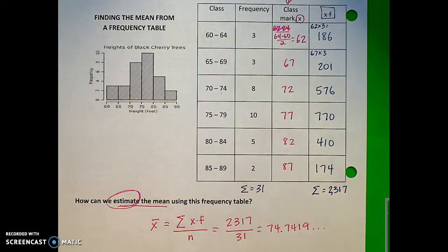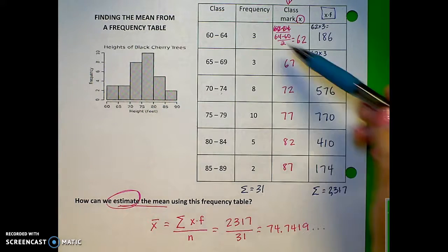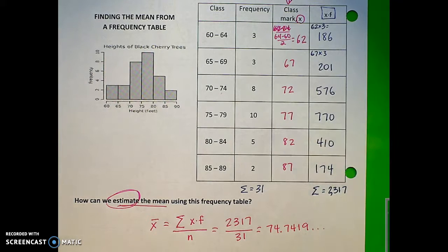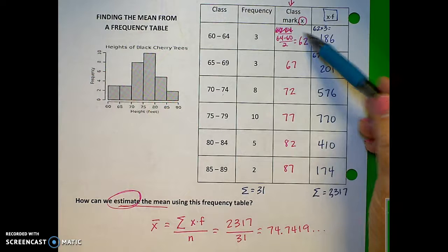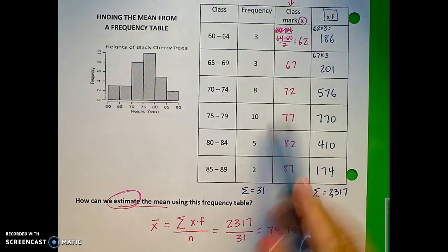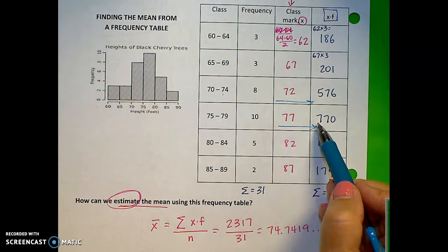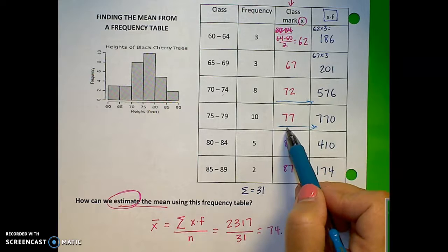This is actually called the weighted mean. The reason why, we don't know the individual tree heights. So we're going to just use the center of the class to get an average. And then by doing this multiplication going across, we're basically more heavily weighting, say, the 77.